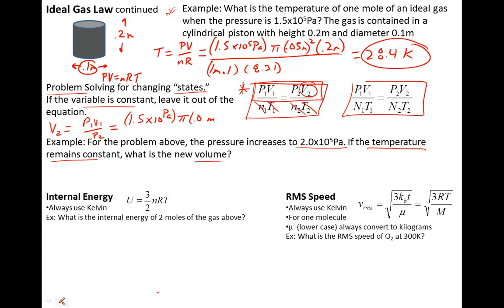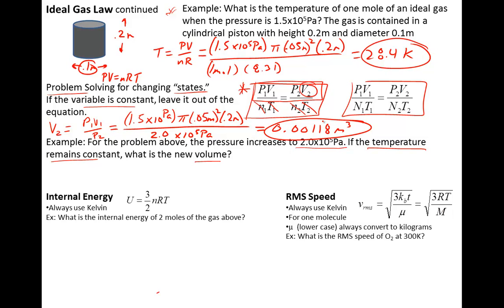Pi r squared, and the r was 0.05 meters squared, times the height of 0.2 meters, divided by the new pressure of 2.0 times 10 to the 5th pascals. So that comes out to a value of 0.00118 meters cubed, because that's the units for volume.